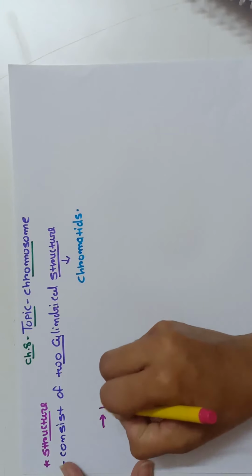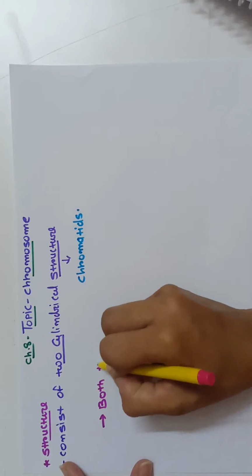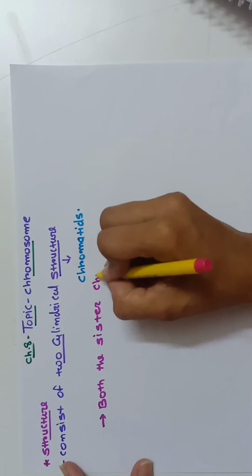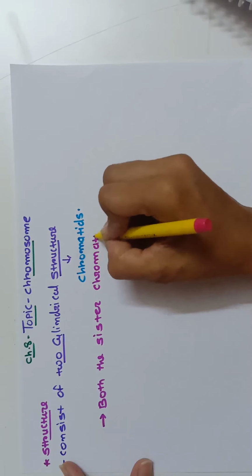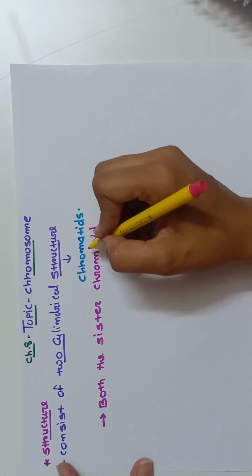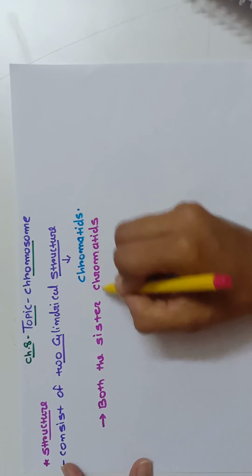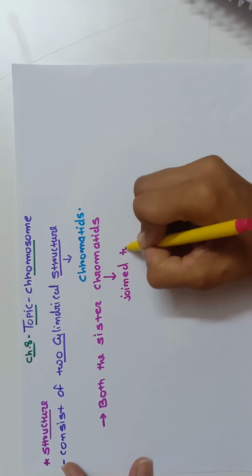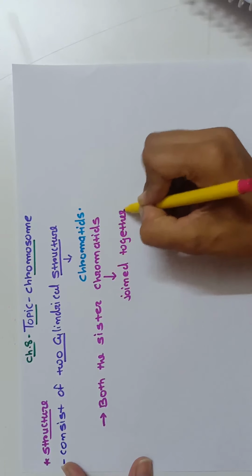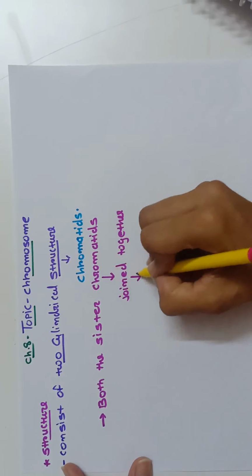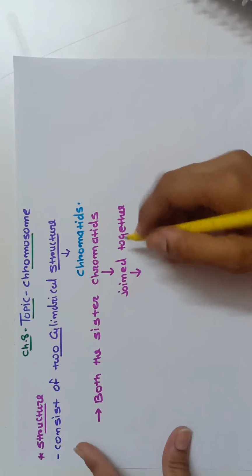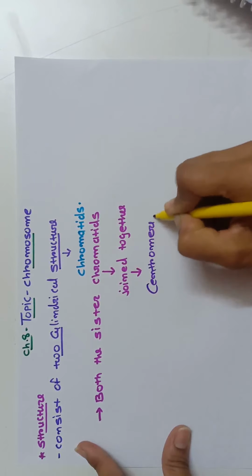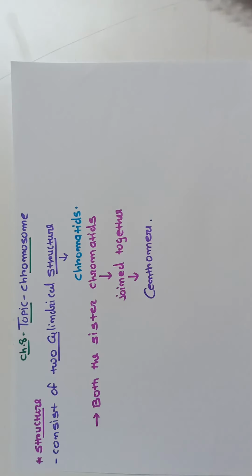Both the sister chromatids are joined together with the centromere. Here we draw the chromosome.